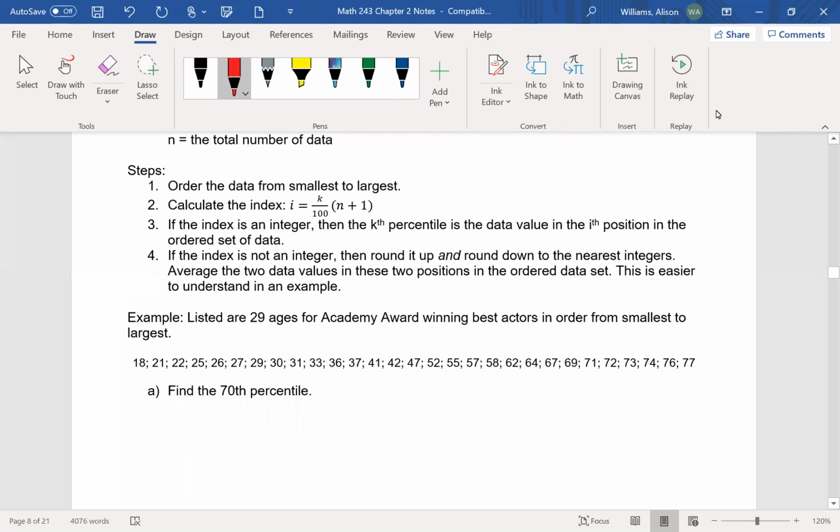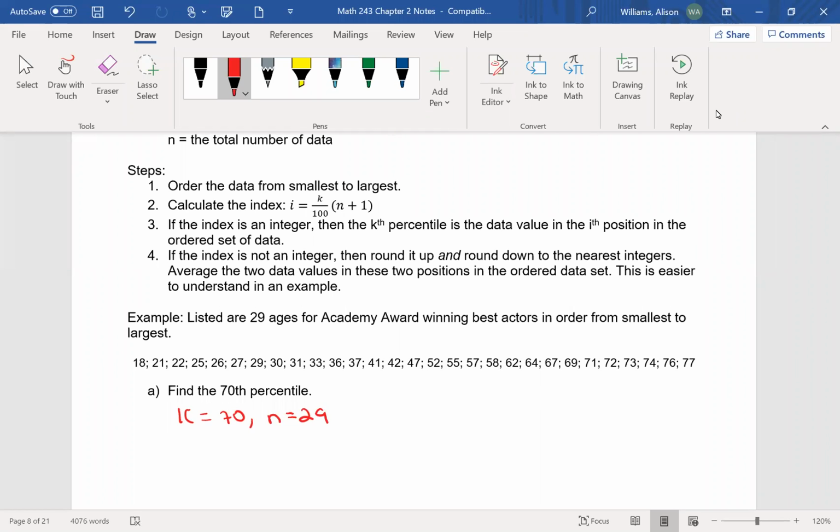They ask us to find the 70th percentile for the Academy Award-winning best actors that are already in order for us, and there's 29 of them here in this data set. Okay, so here's what we're going to do according to that little formula. K in this case is going to be 70. N is 29.